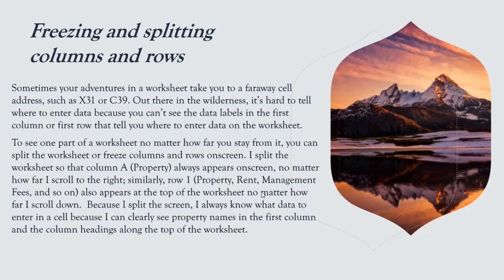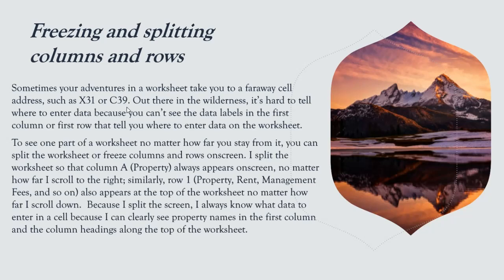When you're working on any worksheet, sometimes you put the headings on the top. The first row and first column are mostly taking the headings of your worksheet. But you are working on the worksheet and it's taking you very far, for example, X31 or C29.